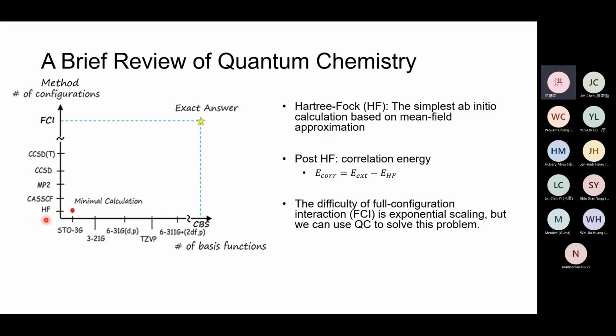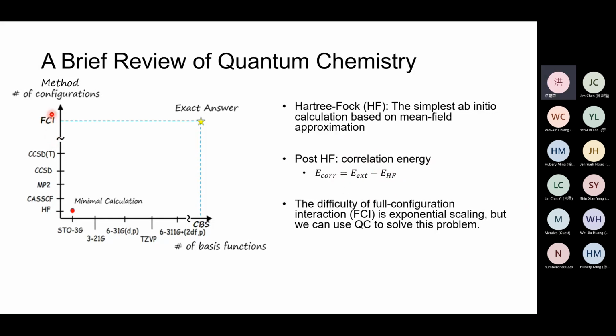So, improving the electron correlation problem has led to the development of more useful treatments, starting from the Hartree-Fock calculation. Because they start from the Hartree-Fock calculation, we call these methods post-Hartree-Fock methods. And we want to get more correlation energy. The correlation energy is defined as the exact answer minus the Hartree-Fock energy.